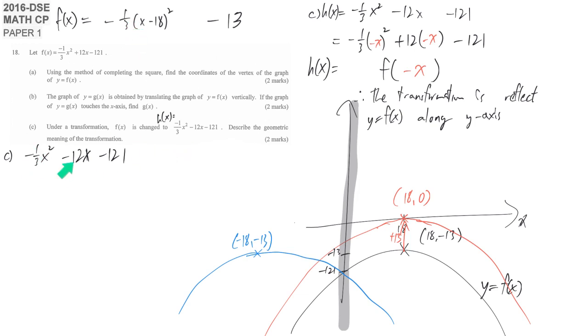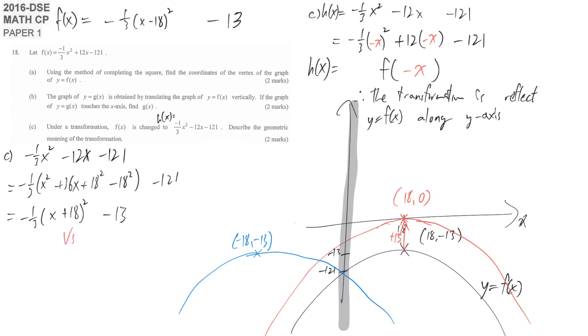Another method is we try to perform completing the square again on this function. And then after completing the square, we find out this.